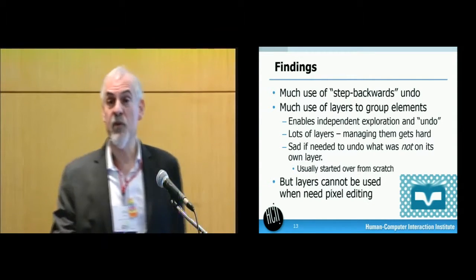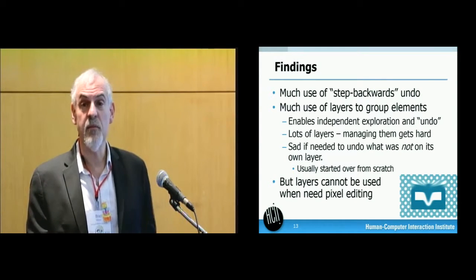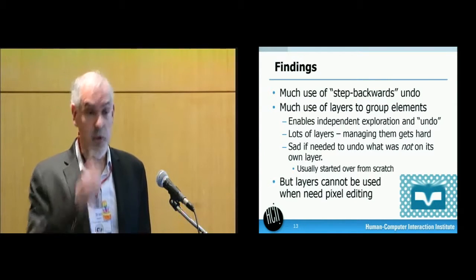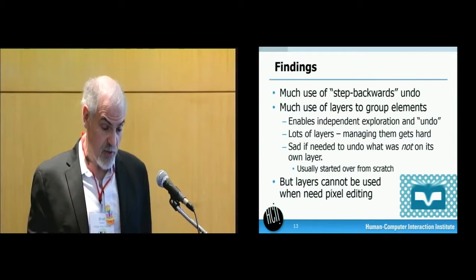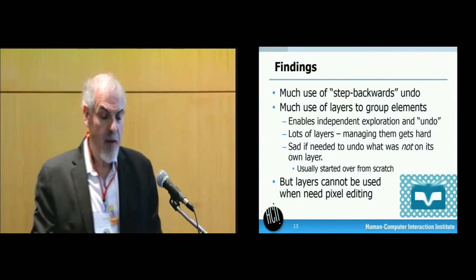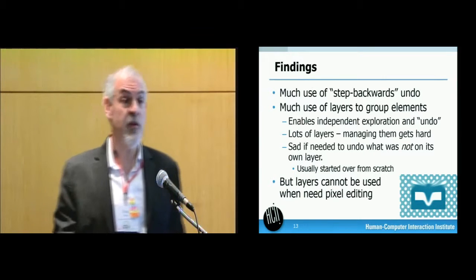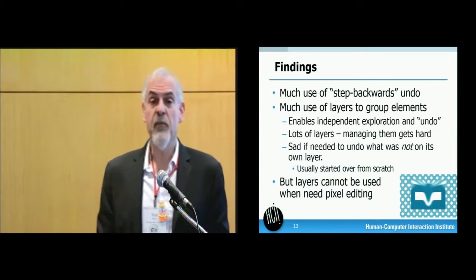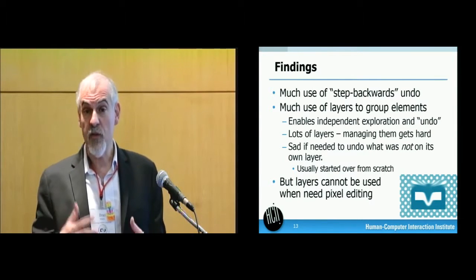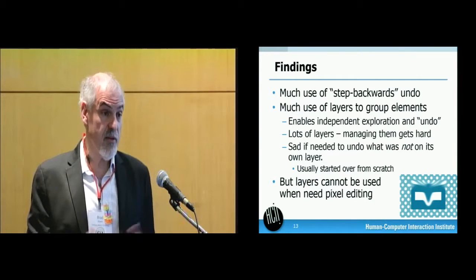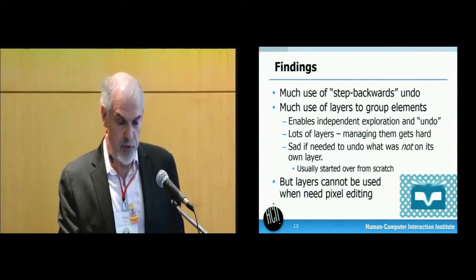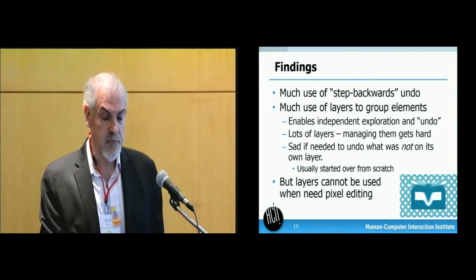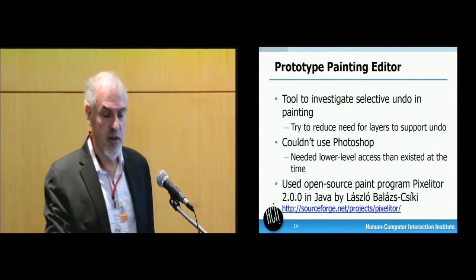There really was no good undo mechanism that they had available to them if stuff was on the same layer. And sure enough, the kind of operations that we're thinking about, like smudge and flood fill, do not work across layers. You have to merge the layers in order to get these kind of pixel operations. So that seemed like a good motivation for the kind of things we want to do.